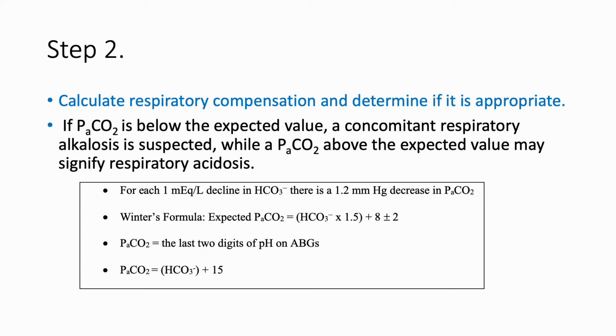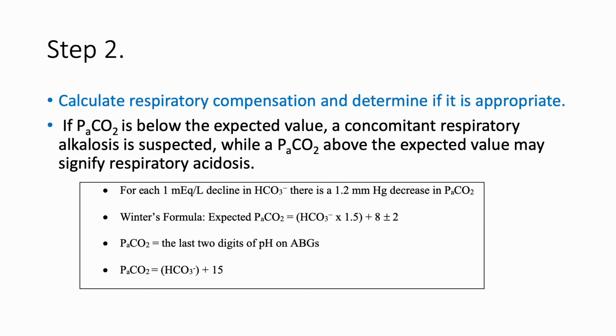How do we calculate compensation? You have 4 methods. The first method: for each 1 milliequivalent per liter decline in bicarbonate, and we consider normal value 24, for each drop below 24 by 1, there's a 1.2 drop in PaCO2. The second method, probably the preferred and the most famous, is using the Winter's formula.